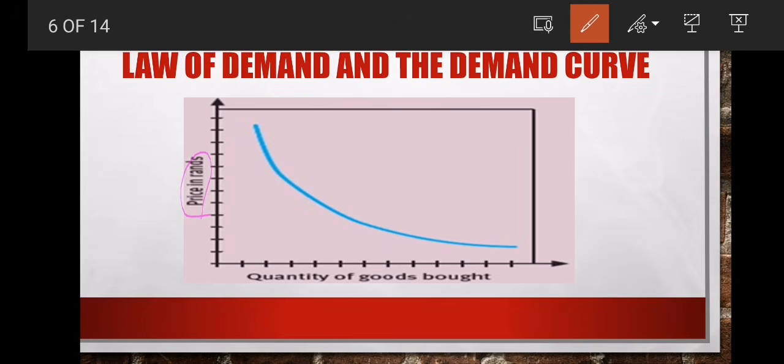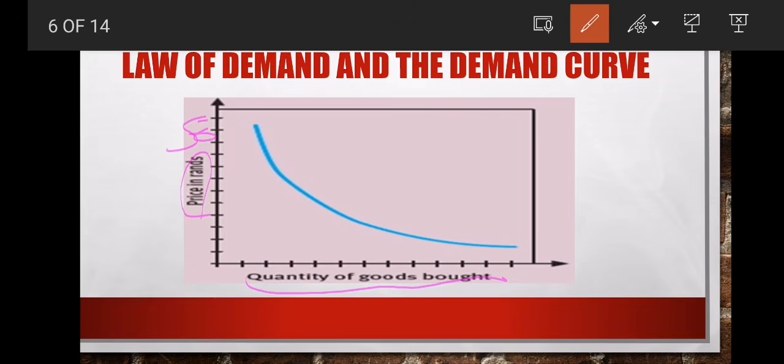We have the price in rands, always the price in rands on this side. Then here we have the quantity of goods bought or quantity of goods demanded. And if you want to understand it in a simpler way, let us assume, good people, that this is 50 rands.